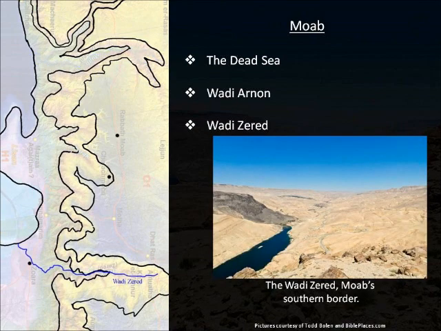Now, our third body of water, and not to be outdone by the Wadi Arnon, is the Wadi Zered, and this is Moab's southern border. And notice that it's also a major canyon with this river running through the bottom of it.